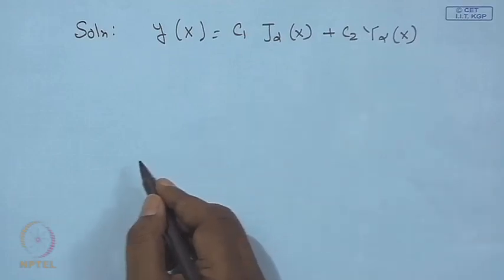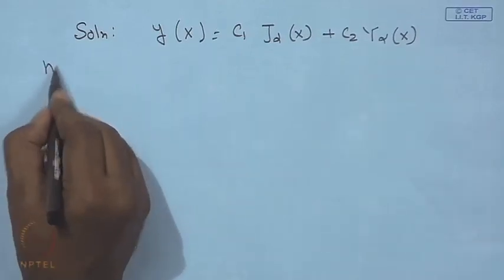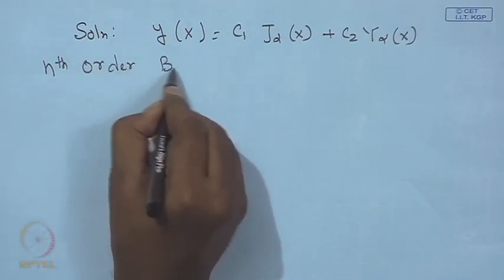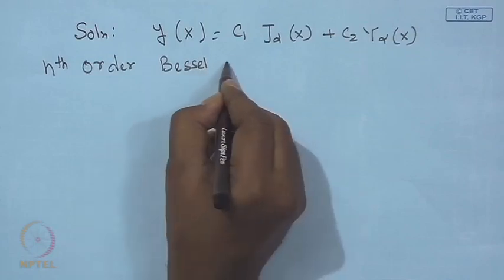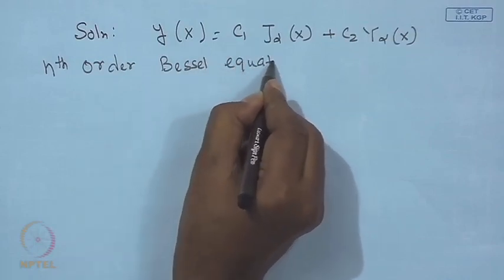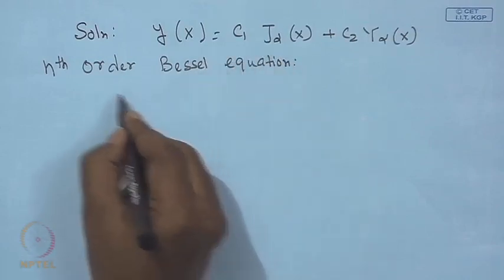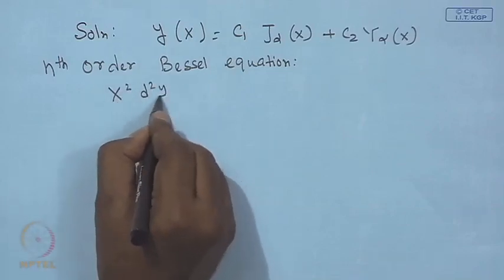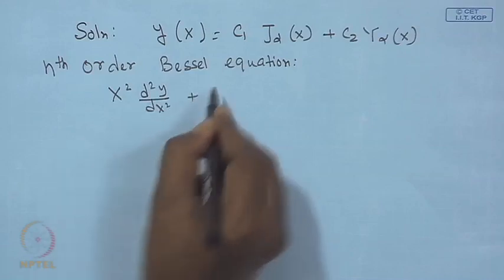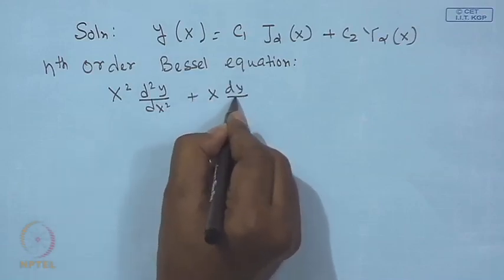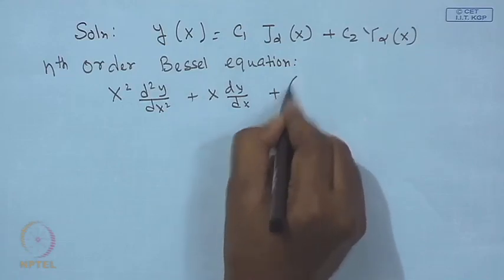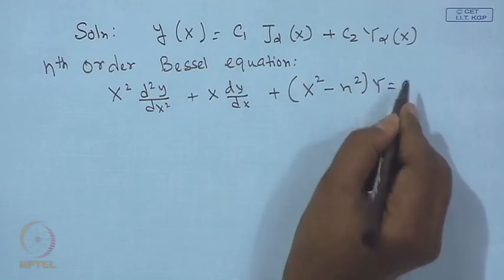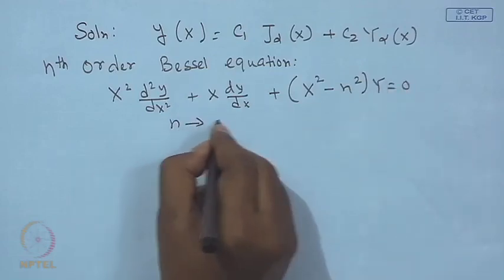So, you can replace alpha by n. So, you will be getting nth order Bessel equation. So, nth order Bessel equation is nothing but x square d square y dx square plus x dy dx plus x square minus n square y is equal to 0, n being an integer.